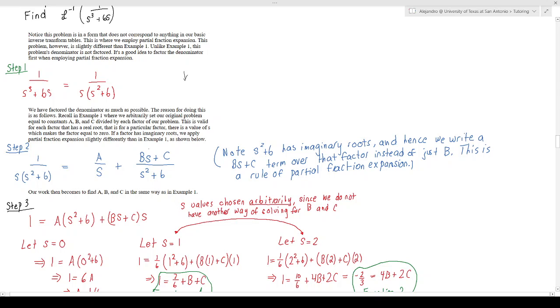And so that's why we slightly have to modify our form here, where we do bs plus c. We can define this a little more rigorously, or just practice these. There's not a lot of variation in the problems we'll see, where we'll typically get maybe one factor that has imaginary roots, and we just have to make sure that we write bs plus c, and so on.